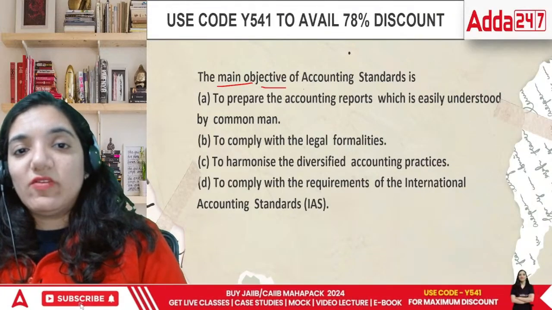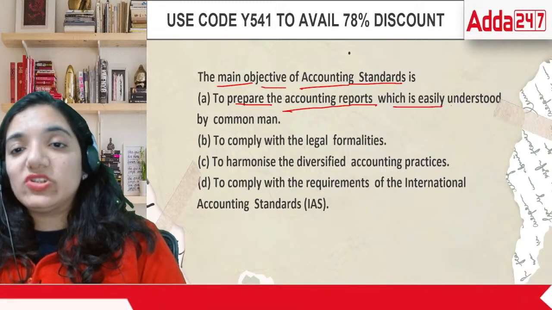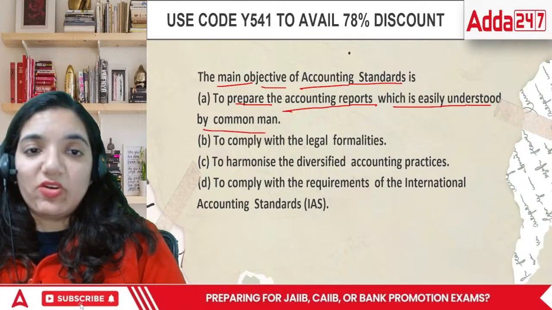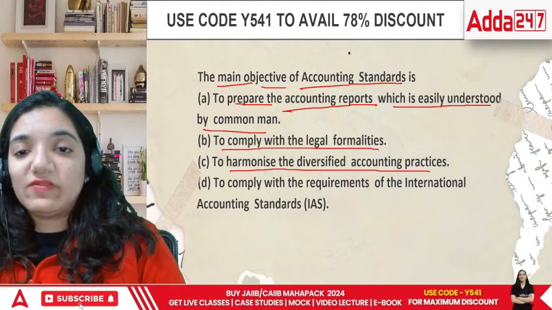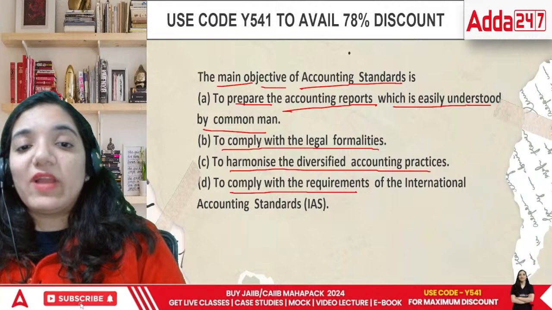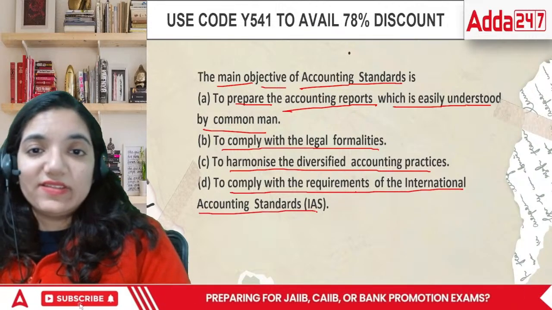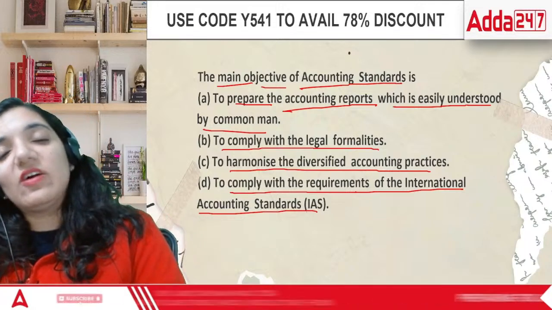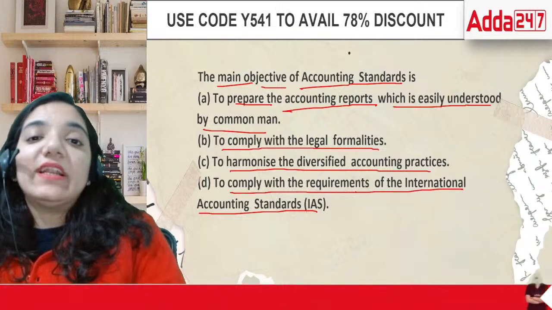The main objective of accounting standards is to prepare accounting reports which are easily understood by a common man, to comply with legal formalities, to harmonize the diversified accounting practices, or to comply with the requirements of the international accounting standards. Basically, the accounting standards were prepared to have uniformity internationally.